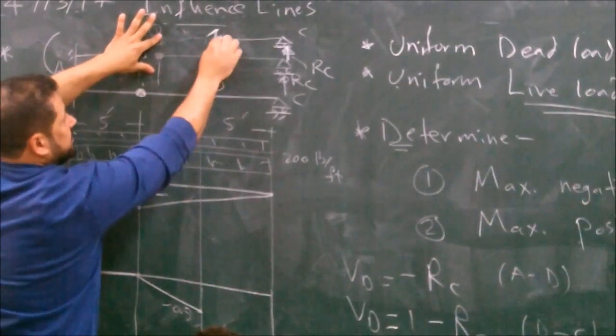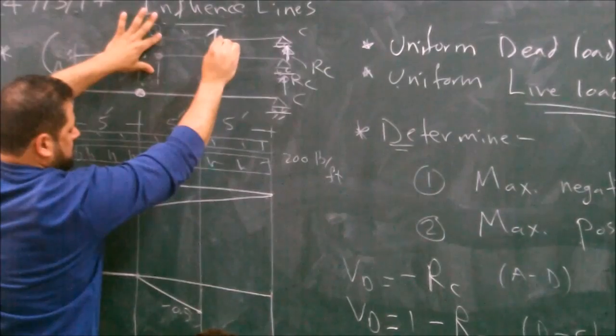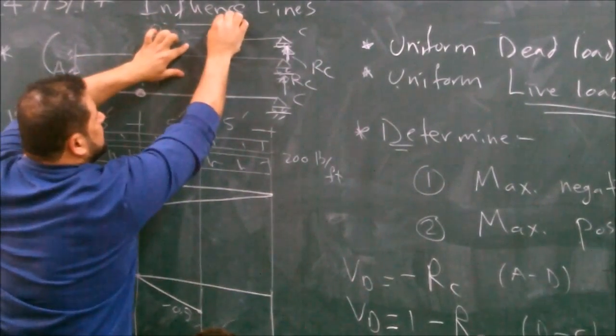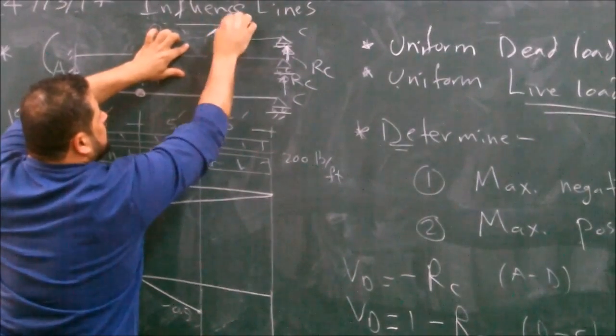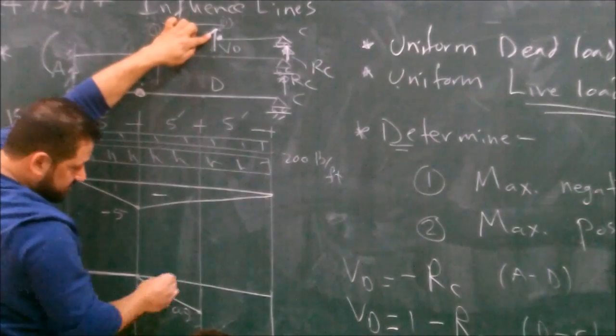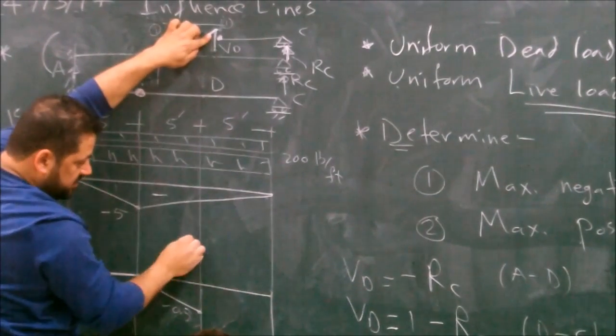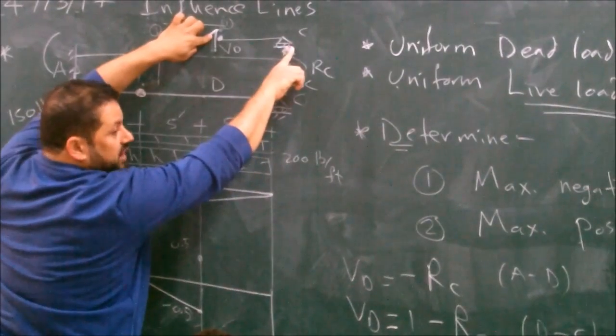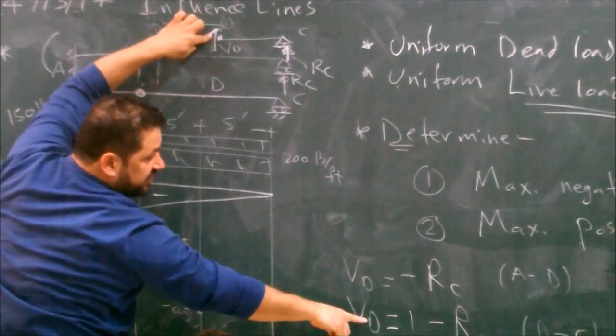Now if the unit load is just across D, VD equals 1 minus 0.5. When it goes to here, RC equals 1, so VD equals 1 minus 1, 0.